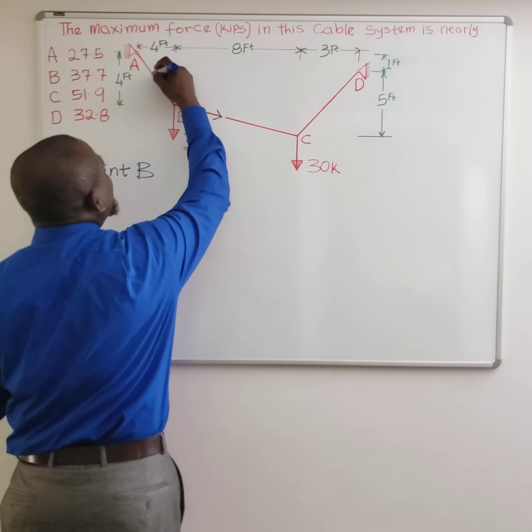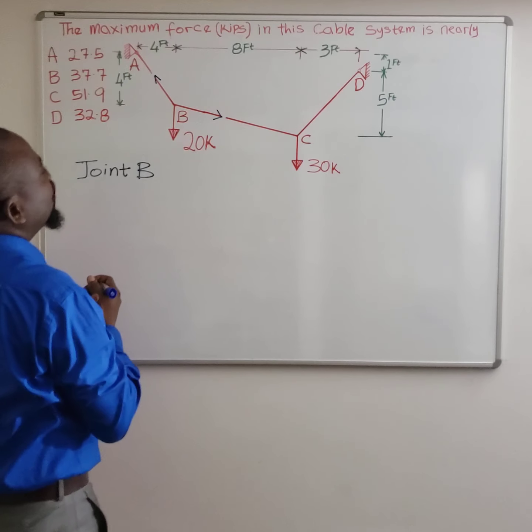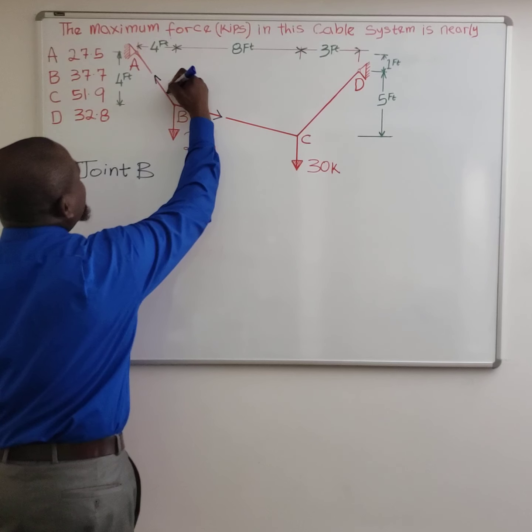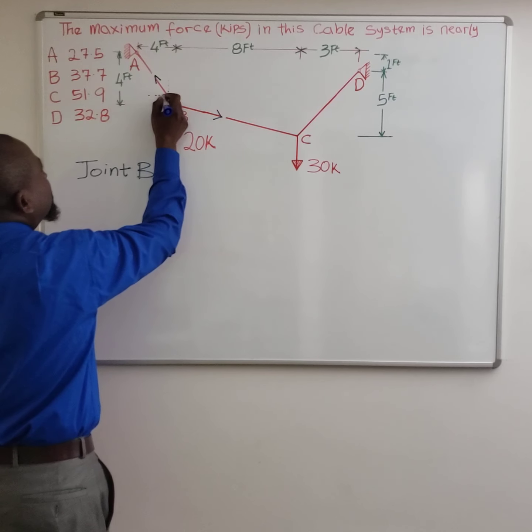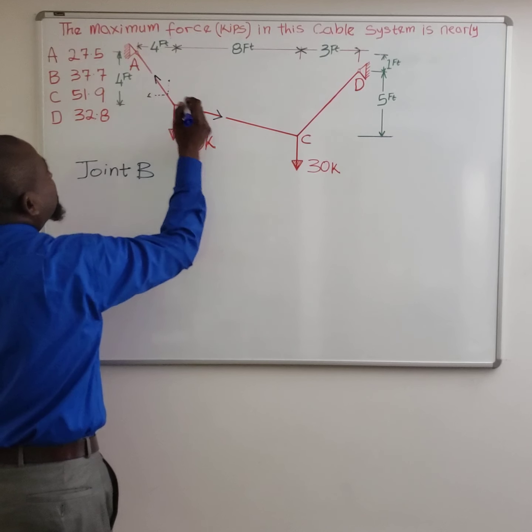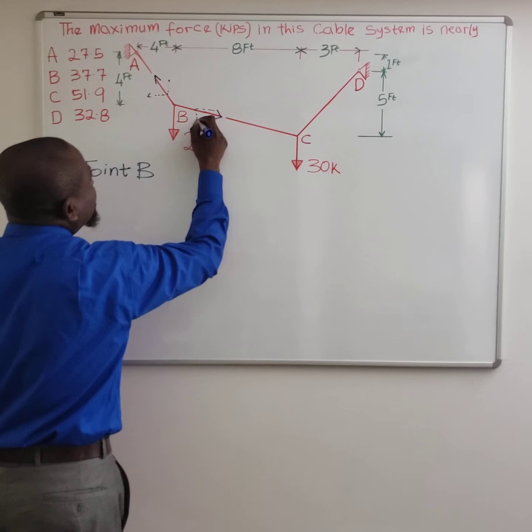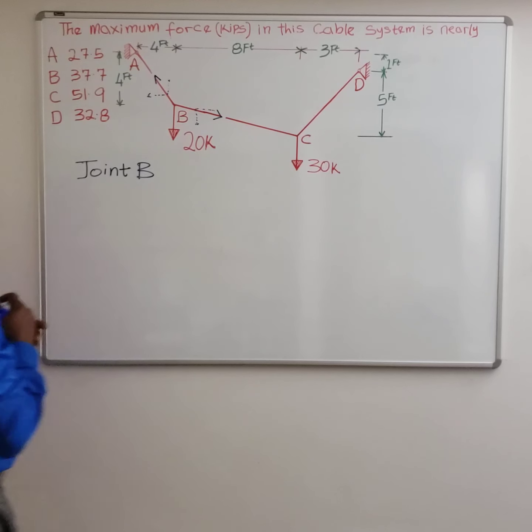So imagine a free body diagram of this joint. So you want to do the sum of forces in this joint. All right, the sum of forces in this joint.